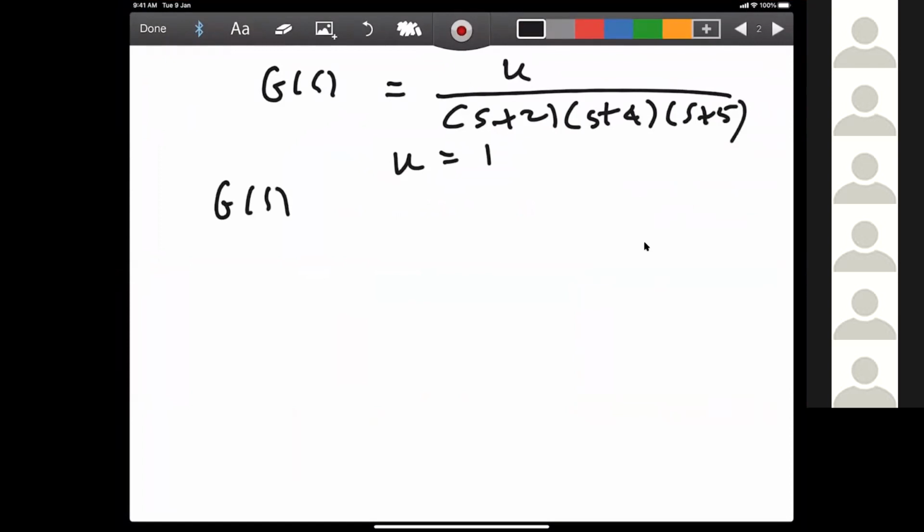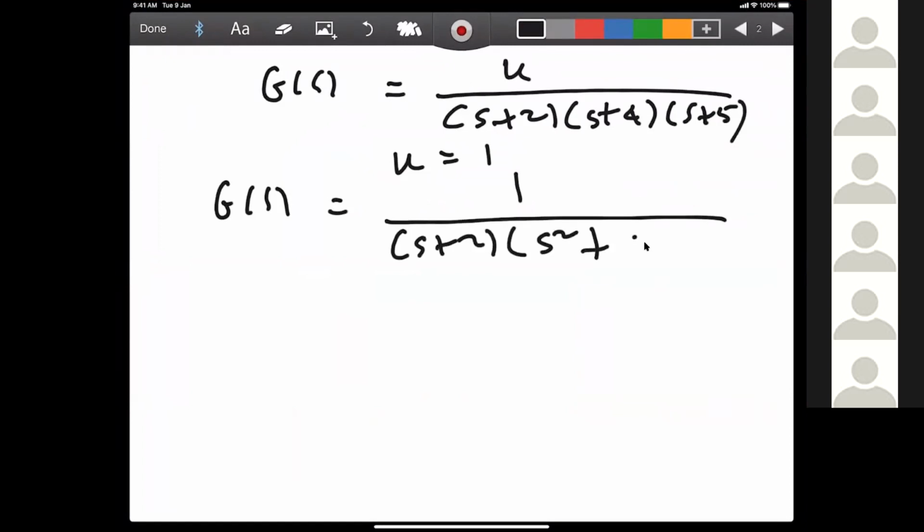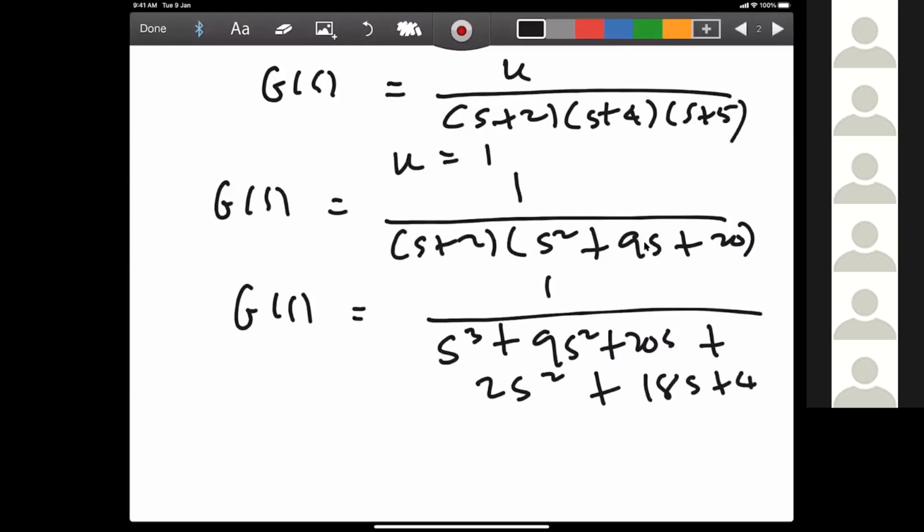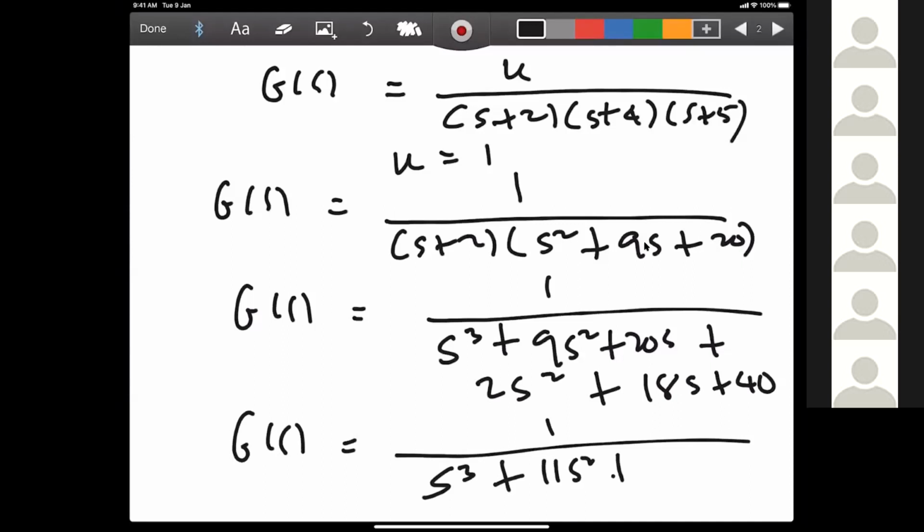So G(s) becomes 1 over s plus 2, s squared plus 9s plus 20, which is 1 over s cubed plus 11s squared plus 38s plus 40.